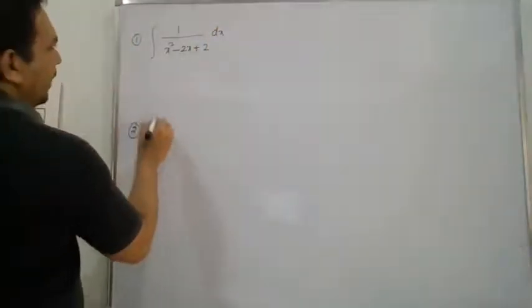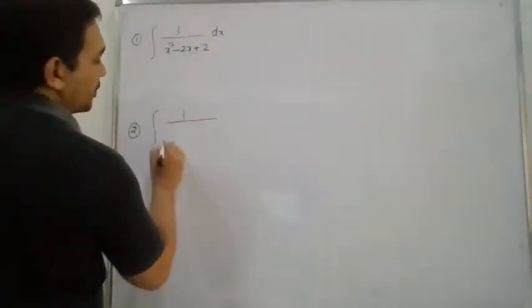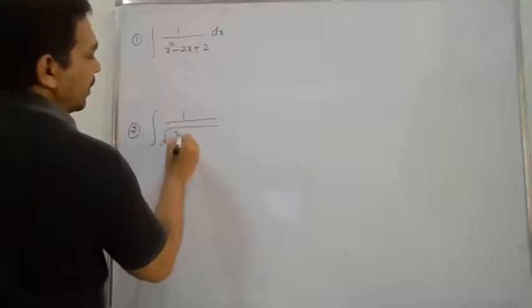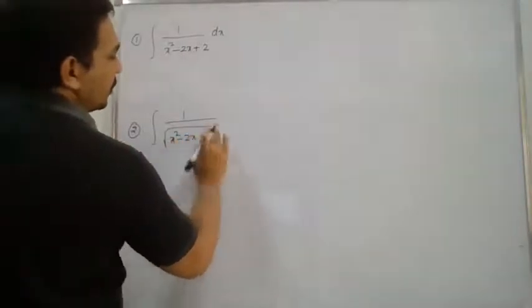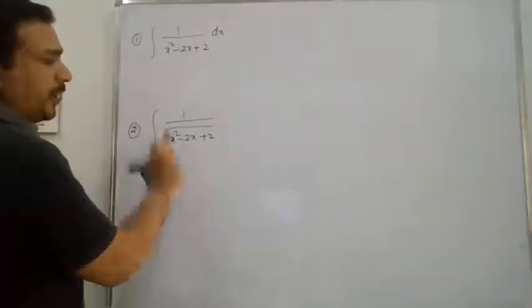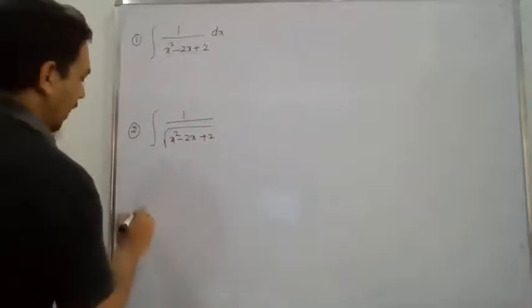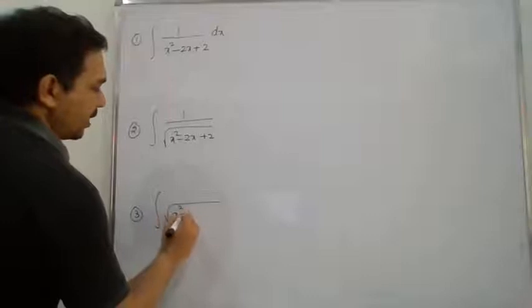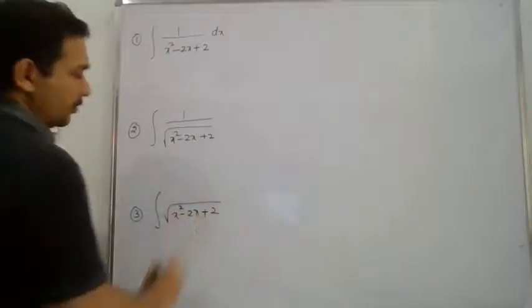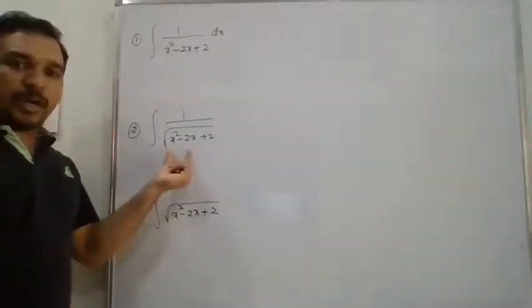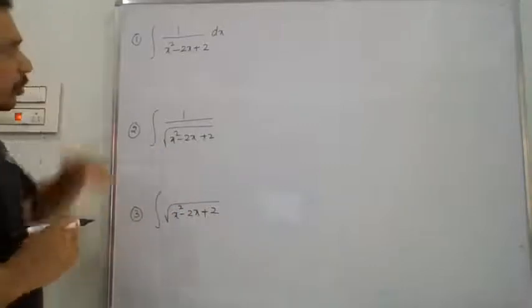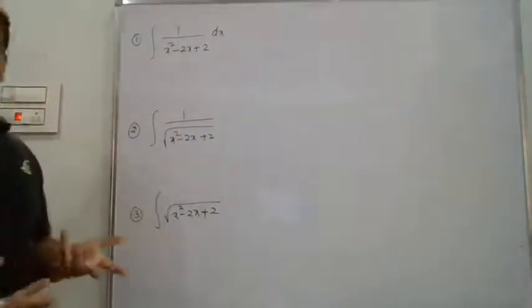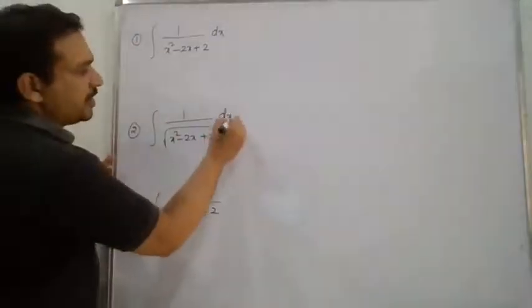Or you may ask integration of 1 by square root of x square minus 2x plus 2. So without square root, it may be with square root. Or you may ask integration of square root of x square minus 2x plus 2. It is a square root but not in the denominator, it is in the numerator. So only one quadratic equation can be asked in any number of ways.